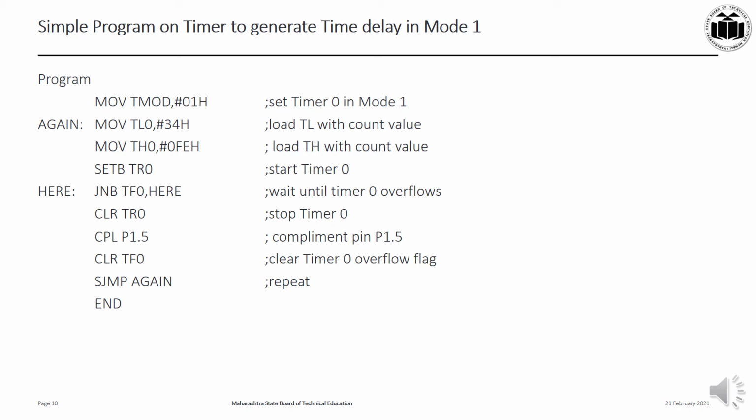After timer 0 overflows, we will clear the TR0 bit so that timer 0 will stop, and we can now generate the waveform on pin P1.5 by using the CPL P1.5 instruction, and then we can clear the timer 0 overflow flag by using CLR TF0. And to perform this in a continuous loop, we have to use the SJMP again instruction.